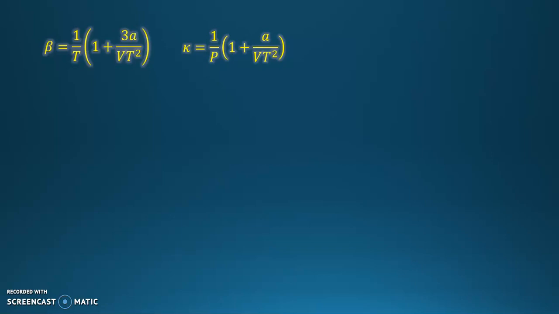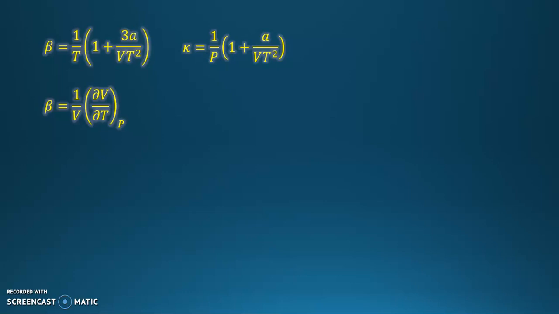In order to find the state equation, first of all, we must remember what the definition of beta is and for kappa. For example, beta is equal to 1 over v times the partial derivative of v with respect to t at constant pressure.